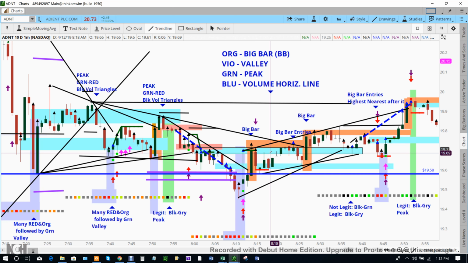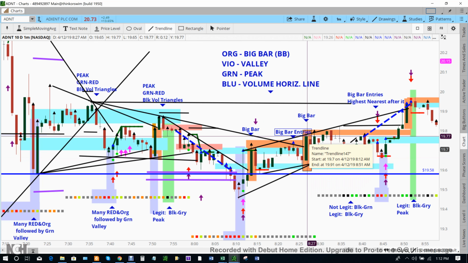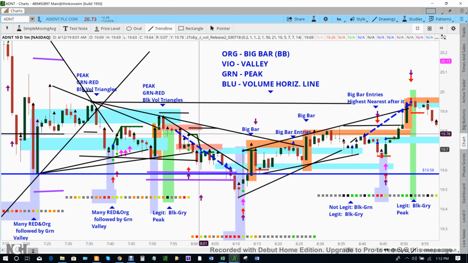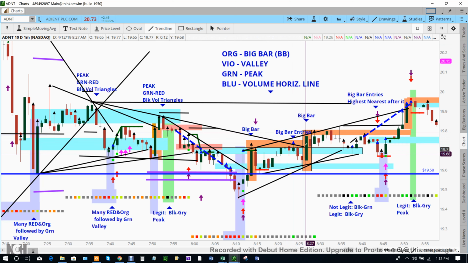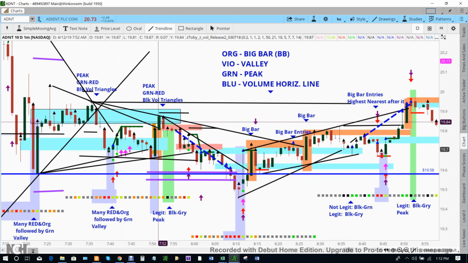And then here's our next triangle that comes across here, right? And diagonal line. And notice there's a big bar here too. So this diagonal line, resistance line, is broken through here. So we have this breakthrough, that breakthrough, and it seems like we're on our way up, like we've done a reversal.